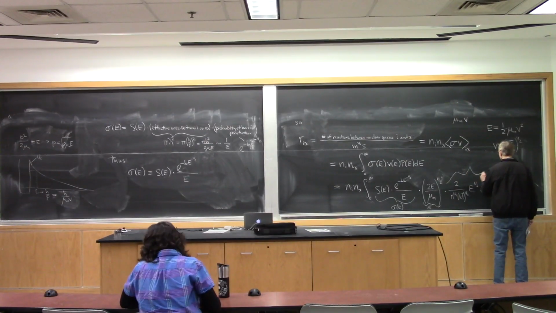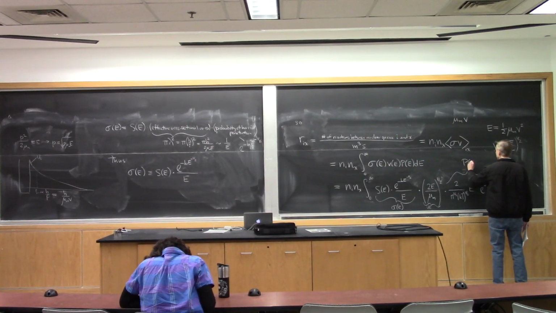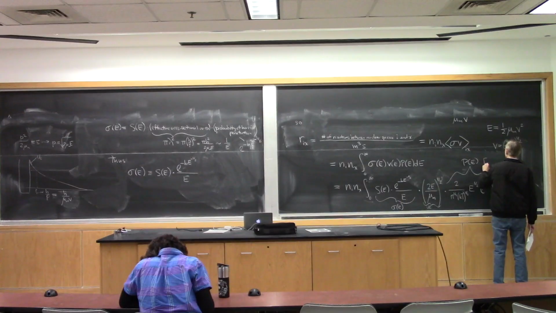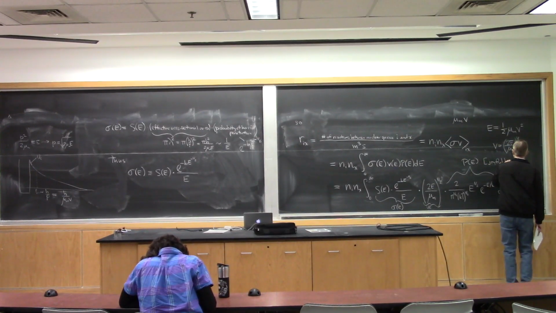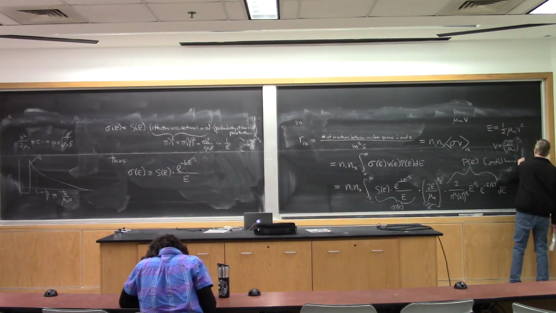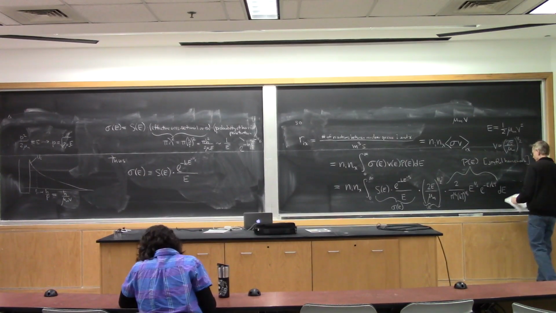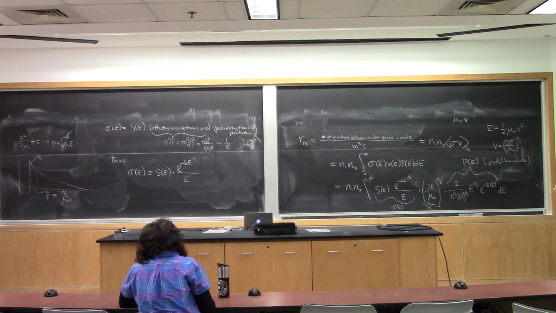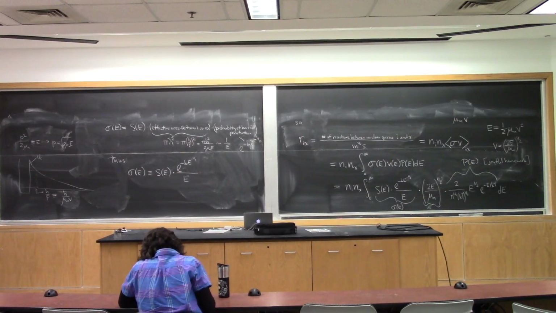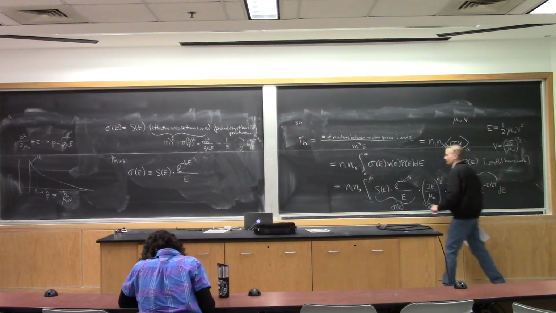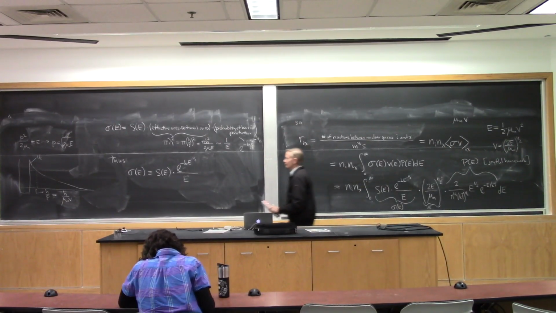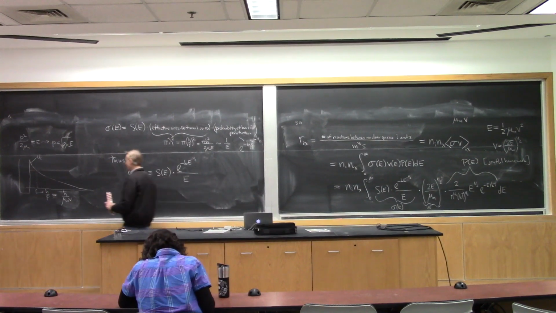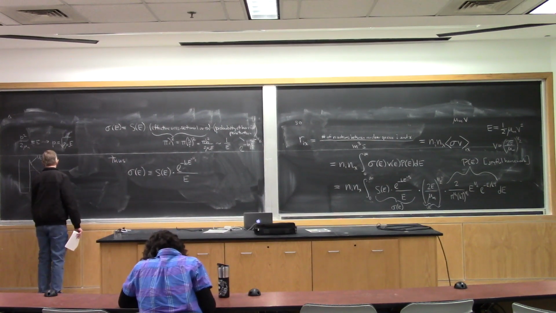So this is P of E, joyful homework. That is the integral that one does to calculate the fusion rate for nuclei of species I and species X.